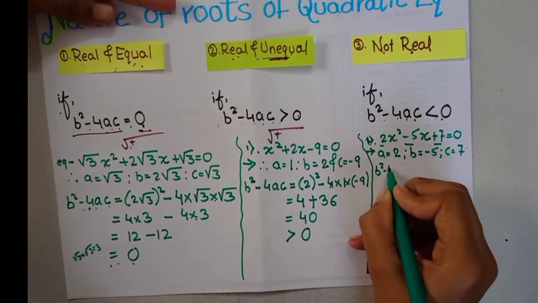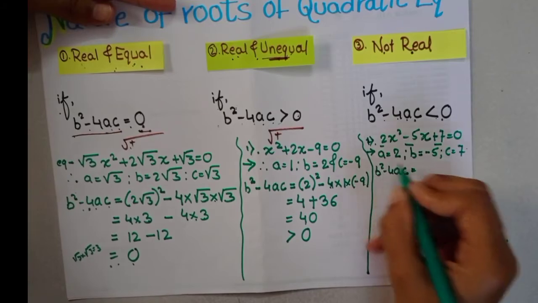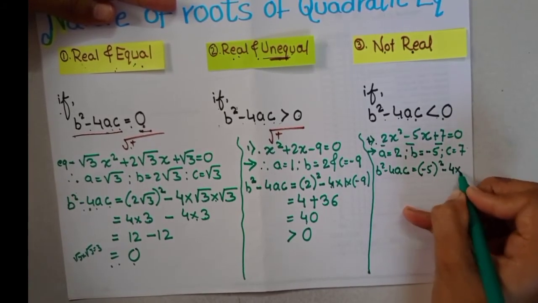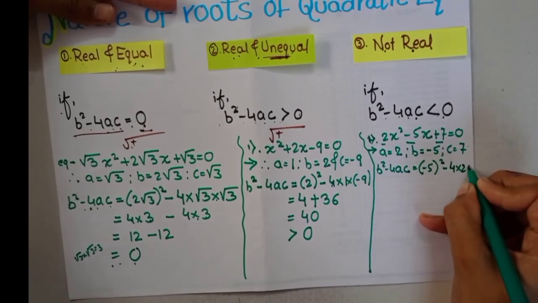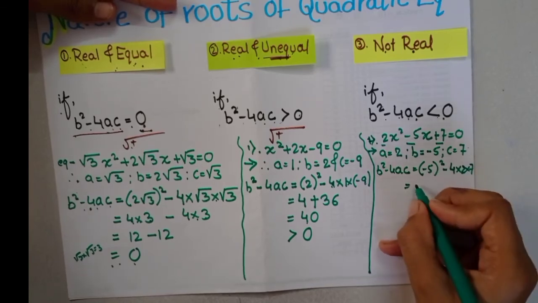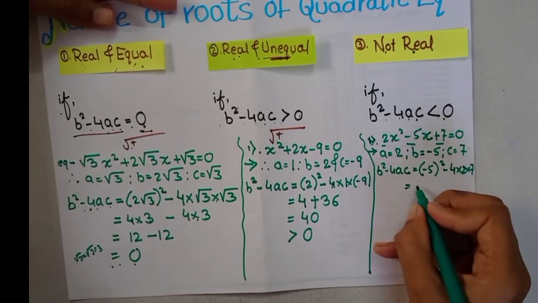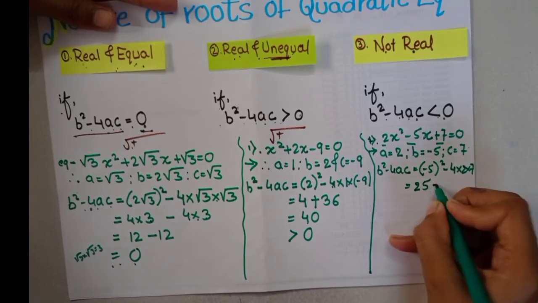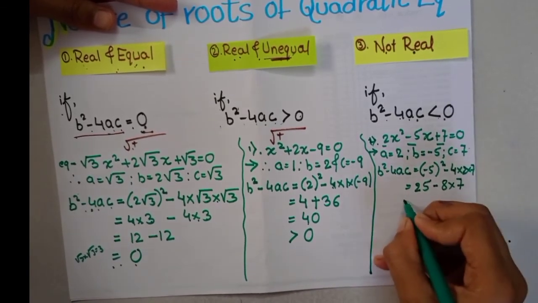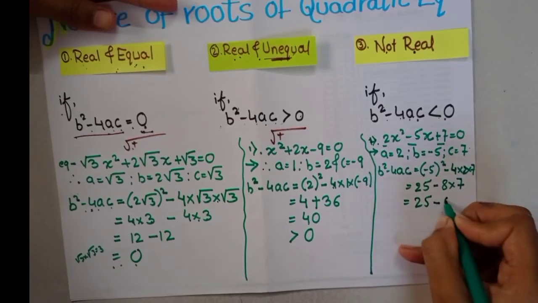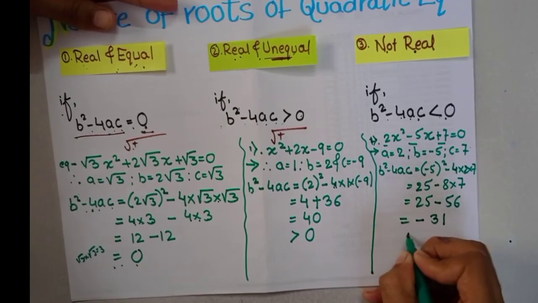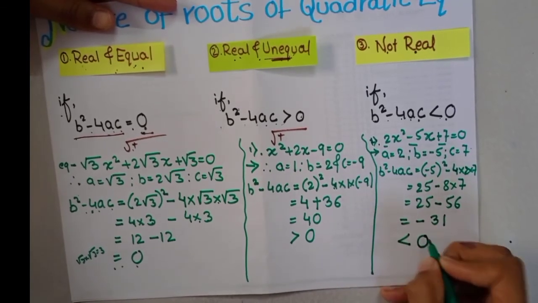Now b square minus 4ac is equal to b square, where the value of b is minus 5, whole square, minus 4 into a, which is 2, and c, which is 7. Minus 5 whole square is minus 5 into minus 5, which is 25, minus 4 times 2 is 8, into 7, which is 56. So 25 minus 56 is minus 31, which is less than 0.